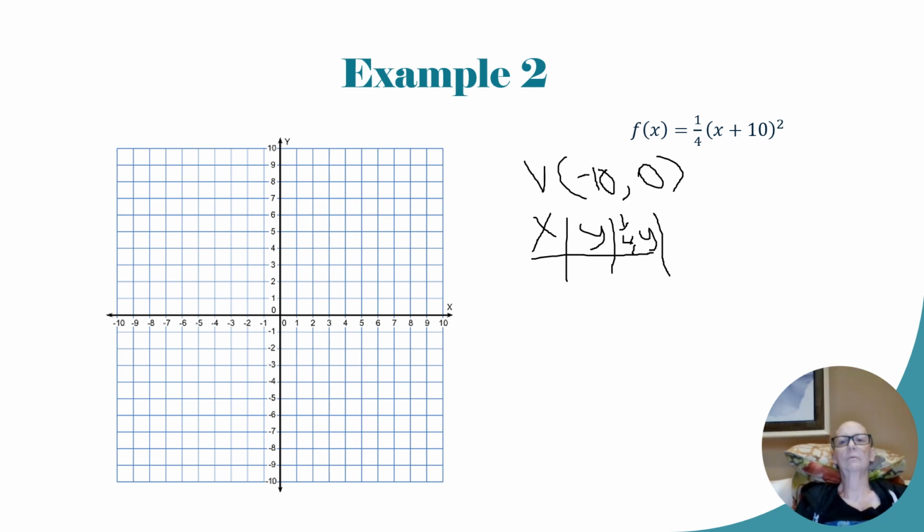All right, so we'll start with 1. 1 squared is 1. 1 times 1/4 is 1/4. For 2, 2 squared is 4. 4 times 1/4 is 1.